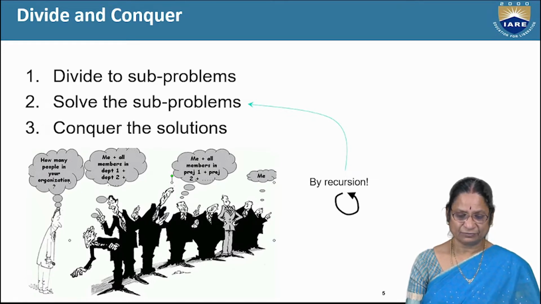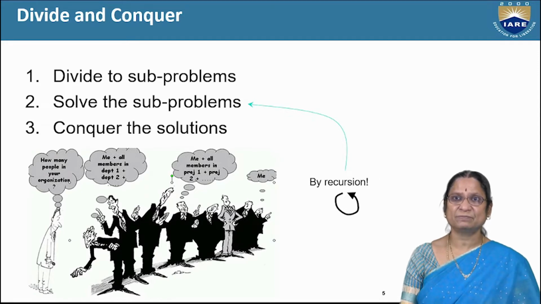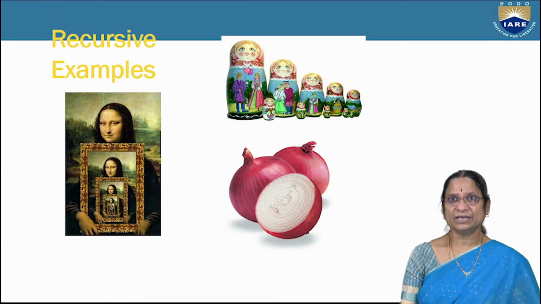For example, here multiple projects are there. The projects are going to be divided among various people, and the division is done in such a way that the project can be done by a person independently. So this is going to be done by recursion. What is recursion? Recursion is different from iteration.